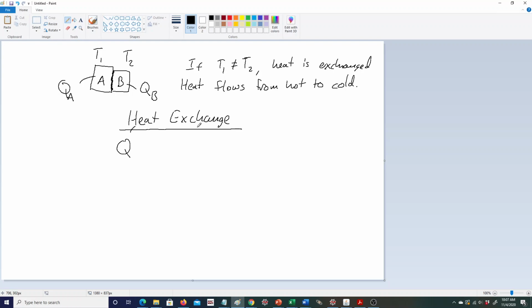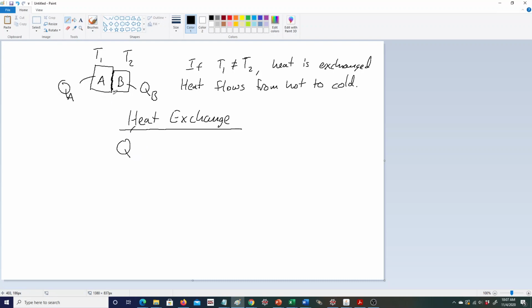At these two temperatures. Now, the amount of energy that's exchanged between these two objects, I'm going to call heat 1 and heat 2.